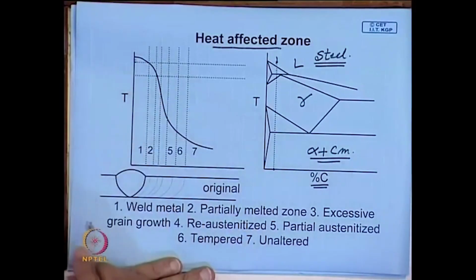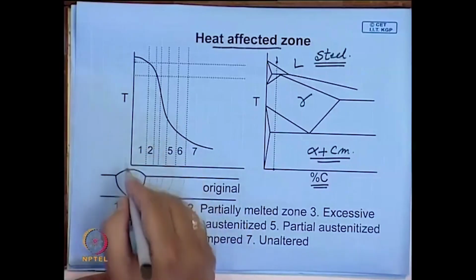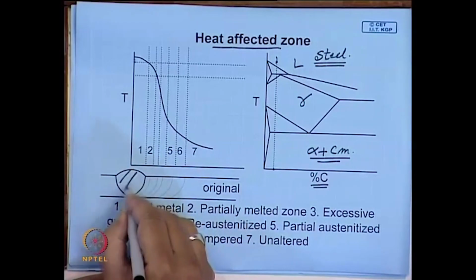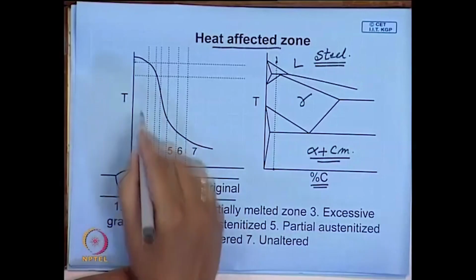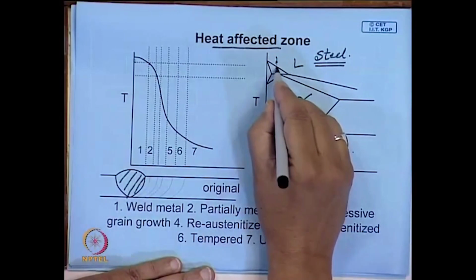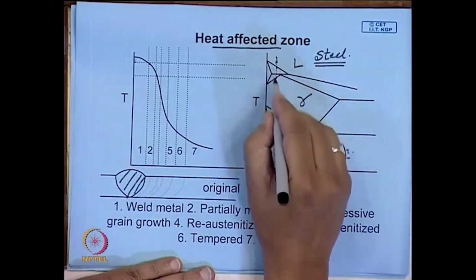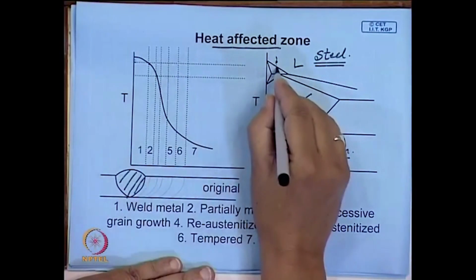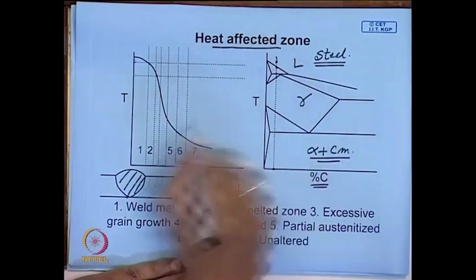So you can think of clearly different zones. There will be a zone over here which is molten. Next, there will be a zone where the base metal just melts, which is partially fused, somewhere in this temperature region.